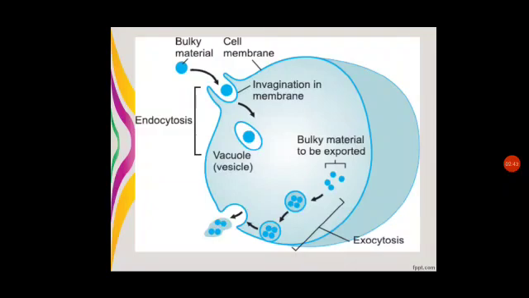And then here you can see the process of exocytosis also. Again it touches the cell membrane and then it is expelled outside the cell. This is exocytosis. Endocytosis and exocytosis, both processes carry on side by side in the cell.